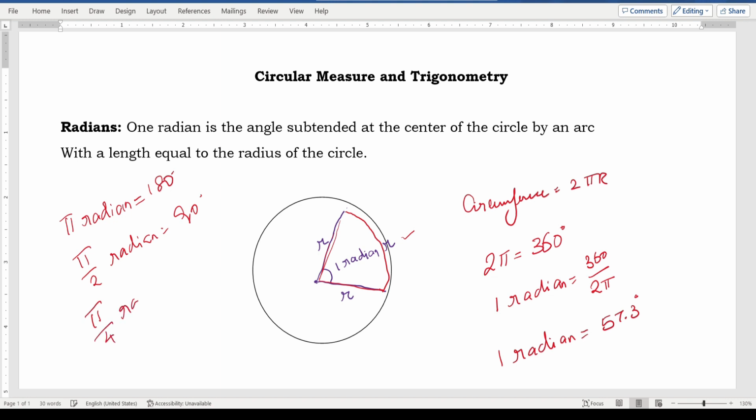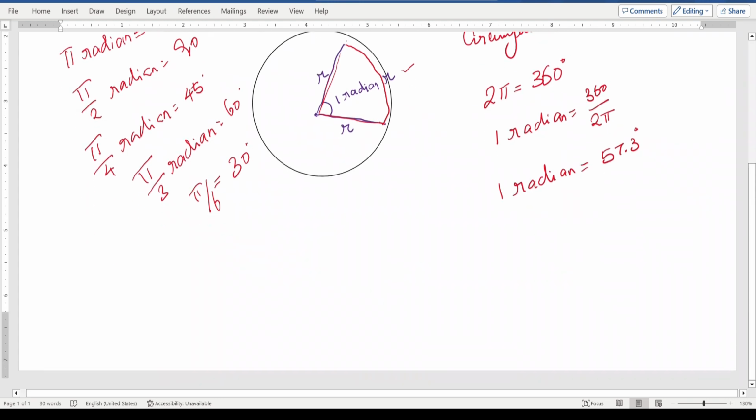Pi by 4 radian equals 45 degree. Pi by 3 radian equals 60 degree. And pi by 6 radian equals 30 degree. So this is the explanation of a radian.